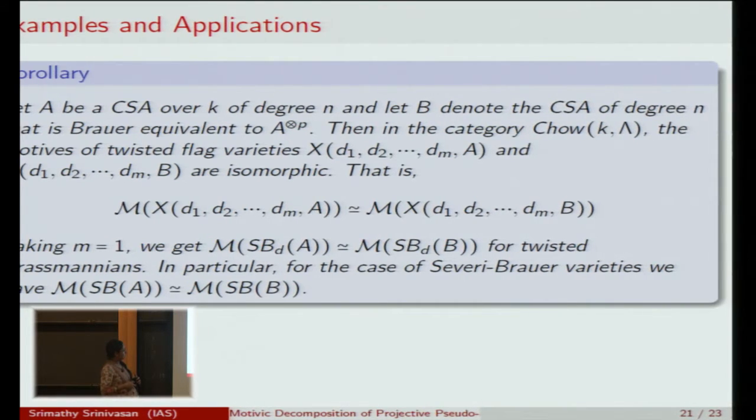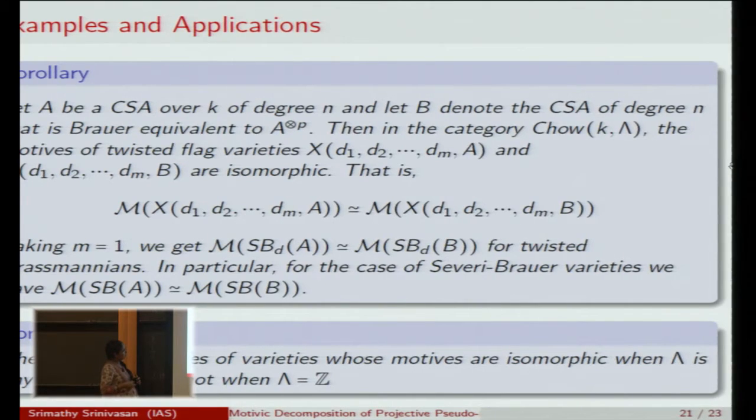Okay, so this is the interesting example, basically because Karpenko in his paper showed that this cannot happen unless B is either A or A opposite, when you take lambda to be Z coefficients. So whenever the coefficient ring is Z, this cannot happen unless B is A or A op.